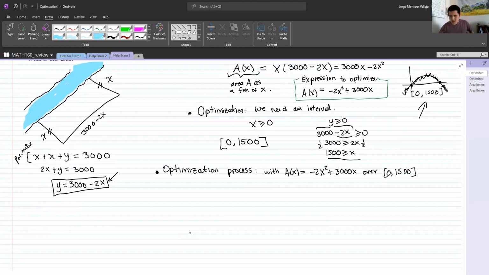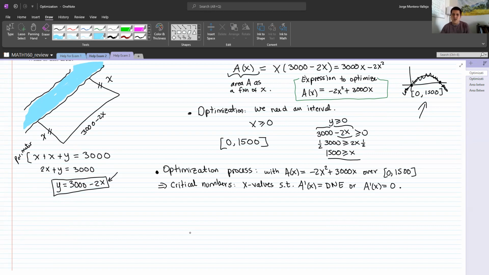Okay, so critical numbers. Remember that critical numbers are the x values such that the derivative becomes undefined or the derivative becomes 0, right?